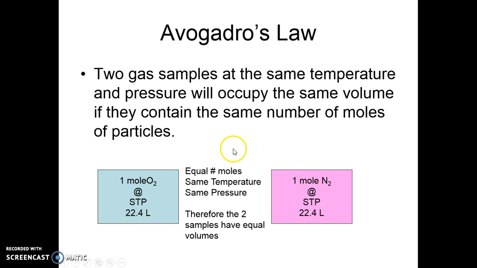So Avogadro's law states that if you have two gases that have an equal number of moles and they're at the same conditions of temperature and pressure, then those two gases will have equal volumes. And the piece of information that we are going to use today is that if those conditions are standard temperature and pressure, then 1 mole will be equivalent to 22.4 liters.